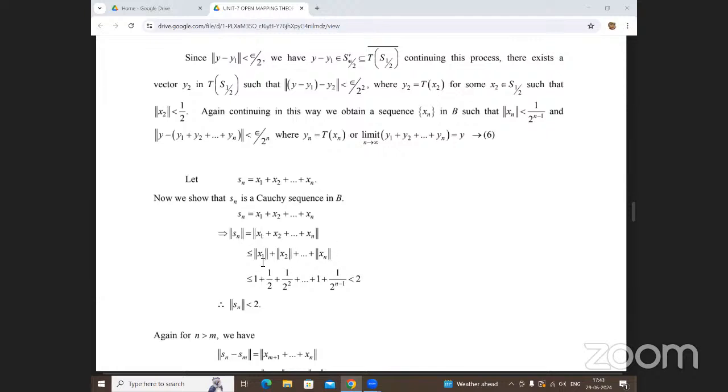Already we know the first norm is less than or equal to 1, the second is 1 by 2, the third is 1 by 2 square, and so on. Finally this value is 1 by 2 power n minus 1.